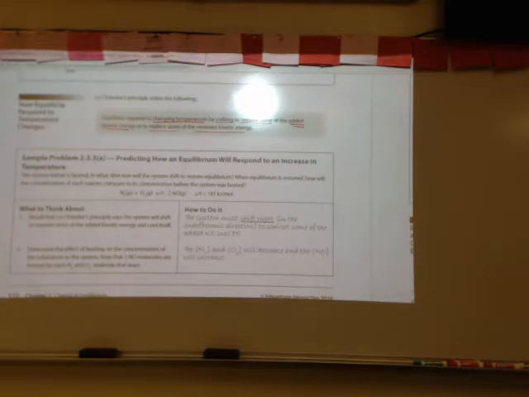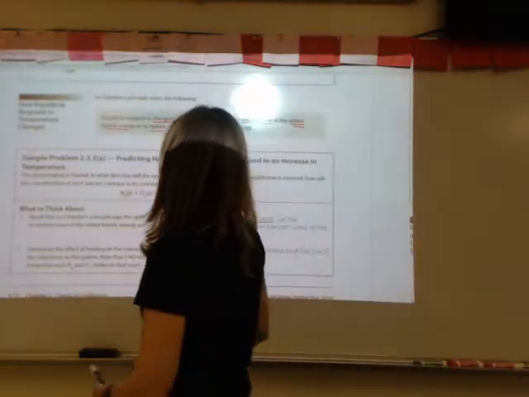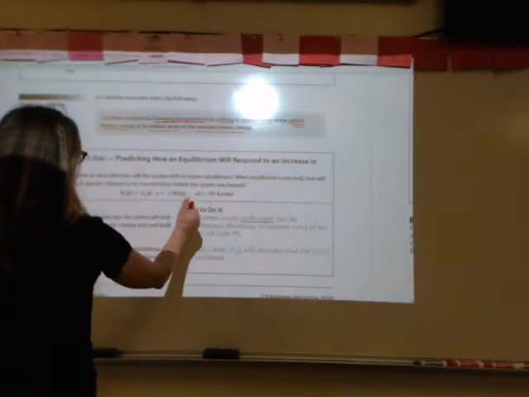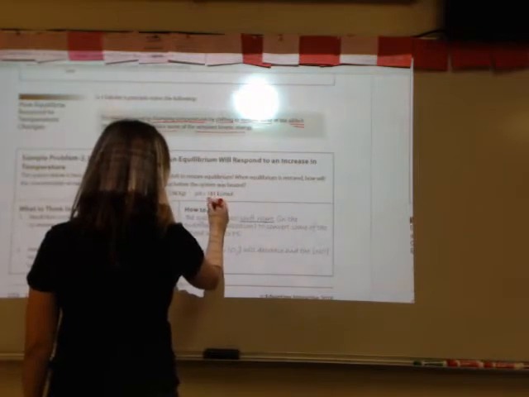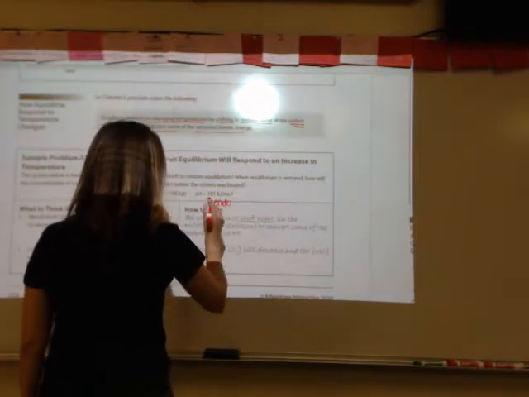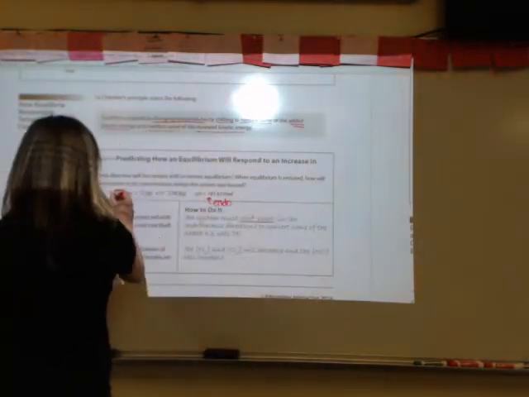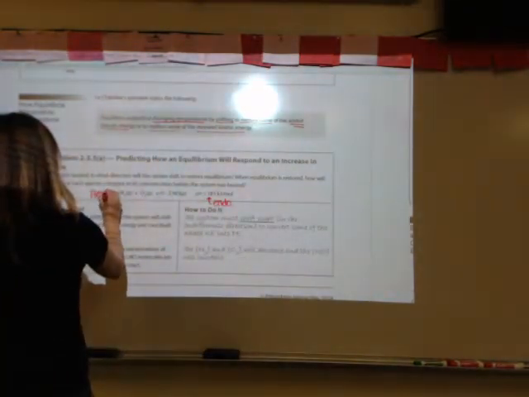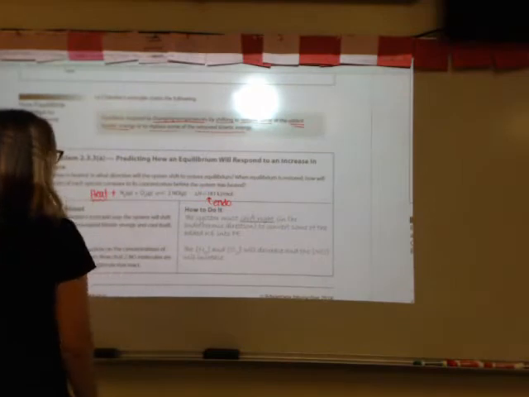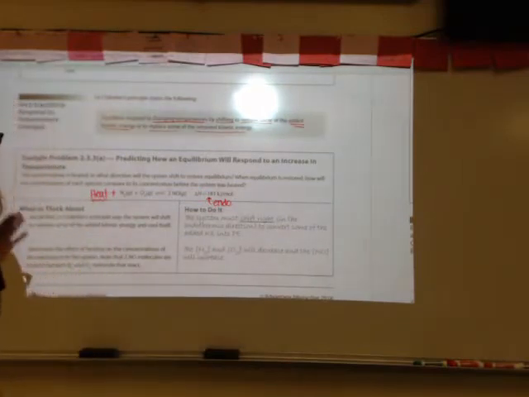So here, if I'm looking at this system and my delta H is positive, which means this is an endothermic process. That means that I have heat as a reactant, okay?